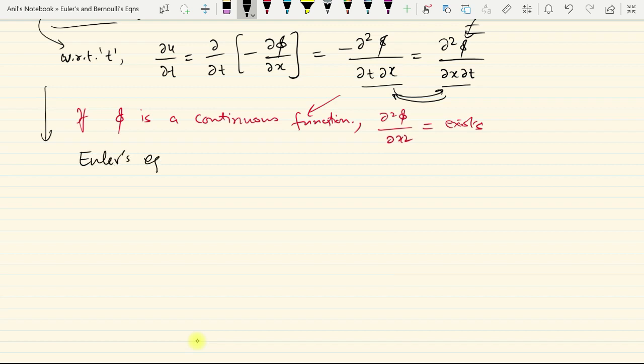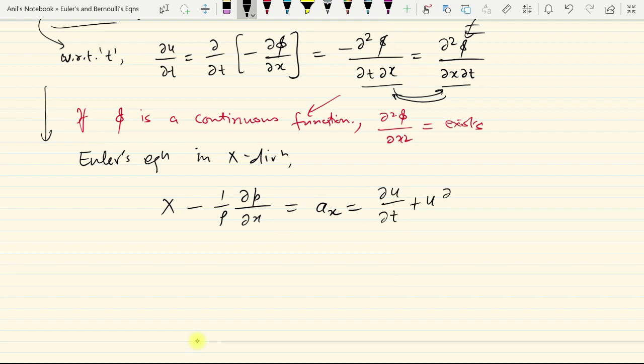So substitute these equations into Euler's equation. Euler's equation in x direction was minus del omega by del x minus 1 by rho del p by del x is equal to ax, and ax was del u by del t plus u del u by del x plus v del u by del y plus w del u by del z.